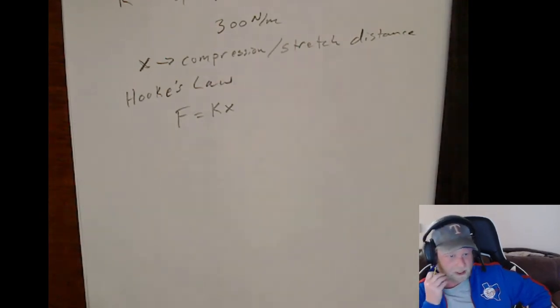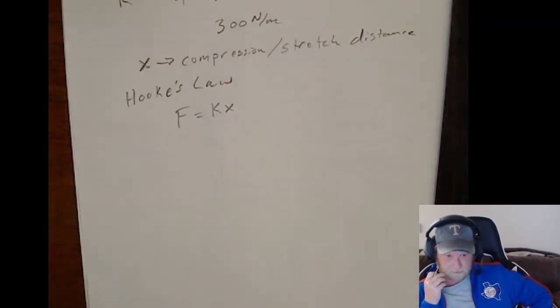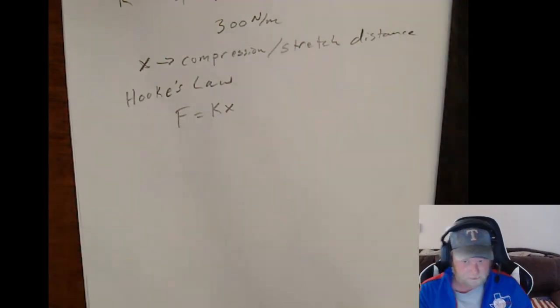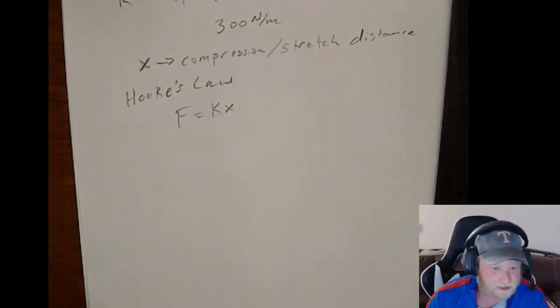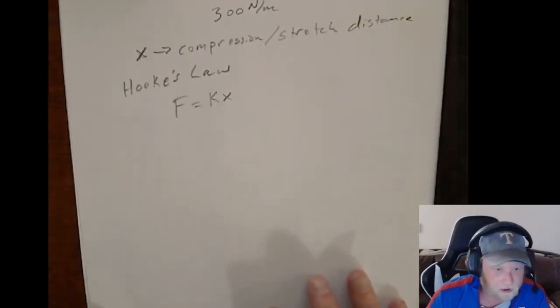In 10.8, we've got an archer who pulls back the string on her bow to a distance of 70 centimeters from its equilibrium position. To hold the string at this point takes a force of 140 newtons. How much elastic potential energy is stored in the bow? Well, let's start by just listing all of our knowns and unknowns.